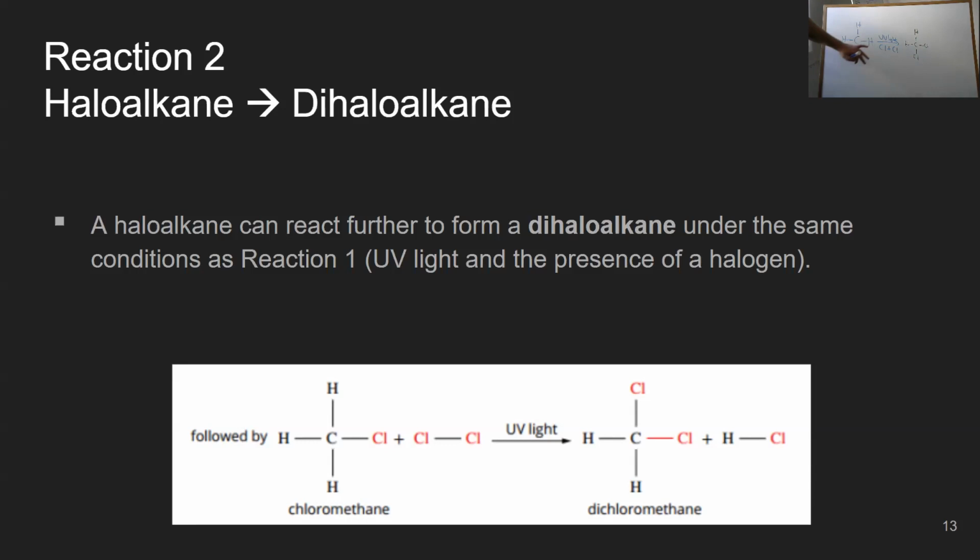So we add another halogen onto our haloalkane and it becomes a dihaloalkane.